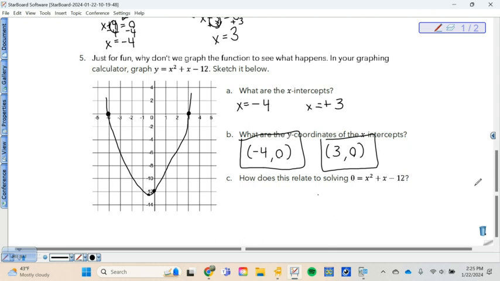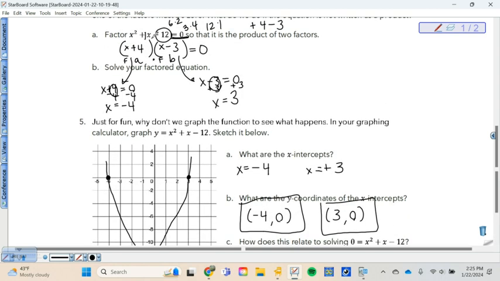What did we do in number 4? What does this part here have to do with this part here? And this, what does that have to do with this answer?